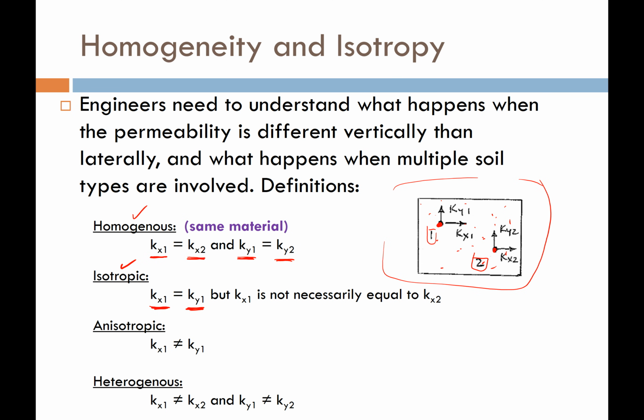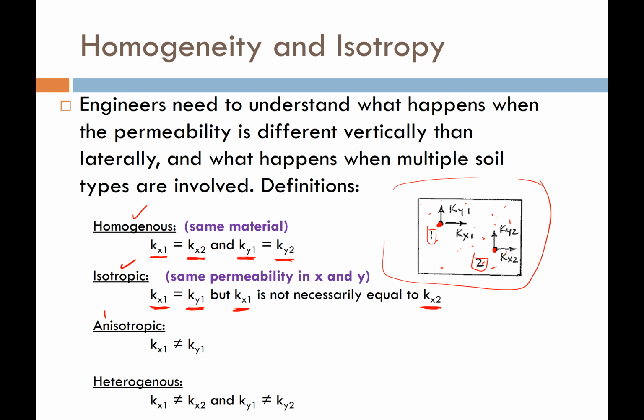However, it does not mean that the horizontal conductivity at point 1 is equal to the horizontal conductivity at point 2. In other words, it could mean that maybe there's a difference between the conductivity over here at point 1 and the conductivity over here at point 2. We can summarize that by saying it's the same permeability in X and Y at each point, but they're not necessarily the same material between point 1 and point 2.